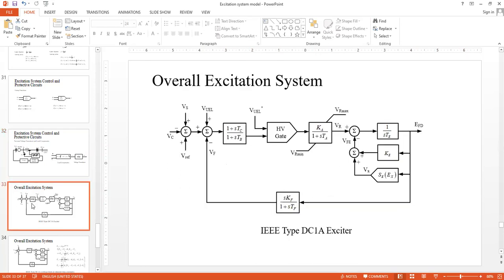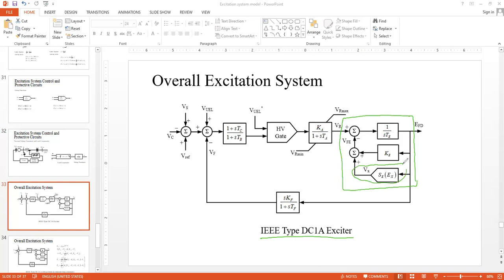So if we look at the overall excitation system now, and if you remember, we were specifically discussing the IEEE DC1A exciter. This is the complete block, where, if we start from the right side, this block takes into account the saturation.